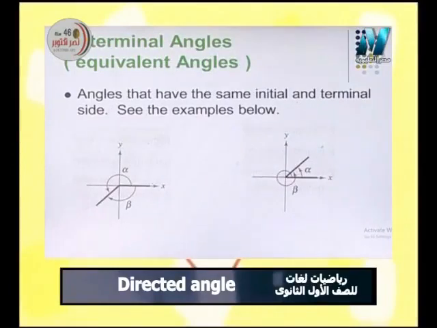Coterminal angles. What are coterminal angles or equivalent angles? Here we have an alpha angle in the anti-clockwise direction, so it is positive. And we have this angle. Look carefully. We turn one round and go to the same terminal side.